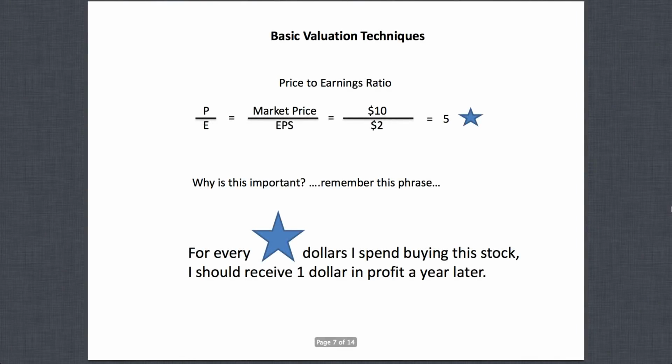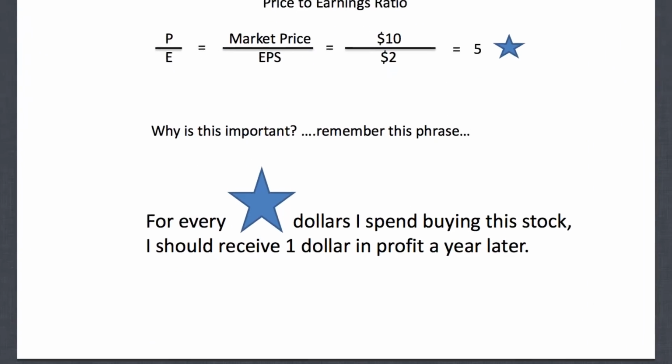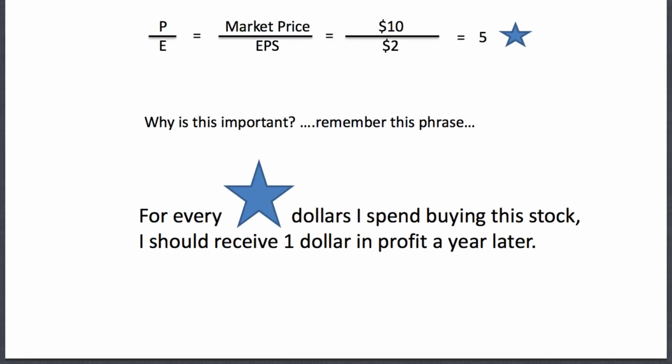So what does that 5 that we came up with mean? Your PE is a 5, but why is that number important? The best way I can describe the PE ratio is to remember this phrase: for every star, where the star represents the PE ratio. You'll put that PE ratio in where the star is.